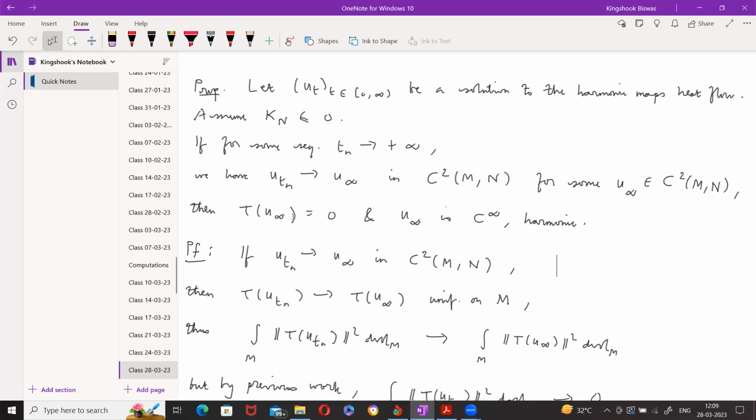And the point is this harmonic map will not just be any harmonic map. It will be homotopic to the initial u0, right? Because u_t is homotopic to u0 for any t.